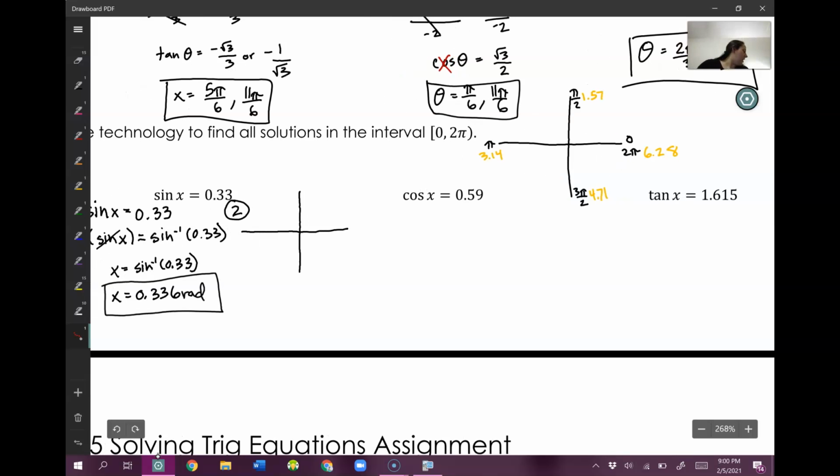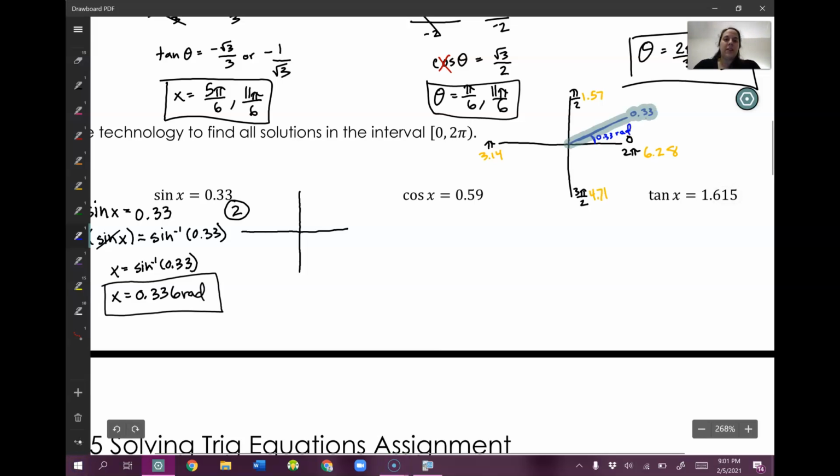So if I have 0.33 radians, then that's going to go about there. 0.33 is between 0 and 1.57, but mostly close to 0. So this distance right there is 0.33 radians.